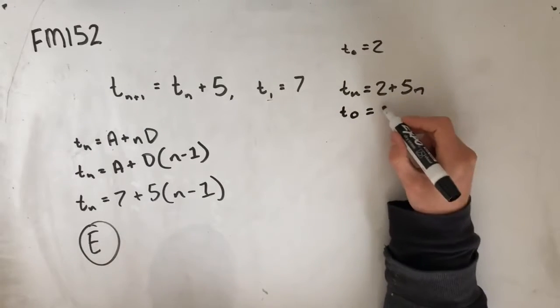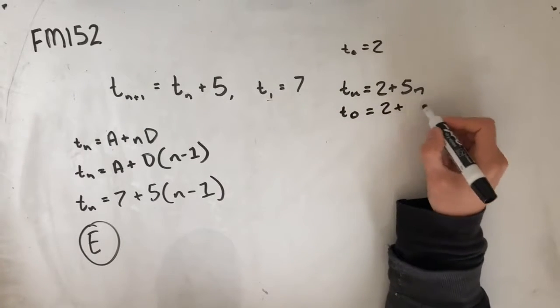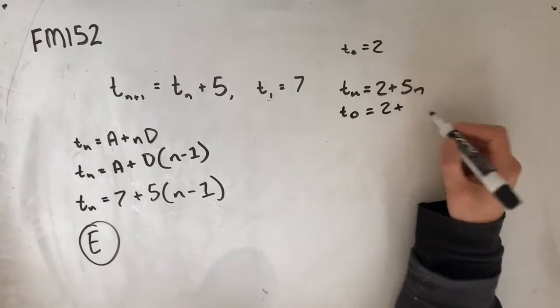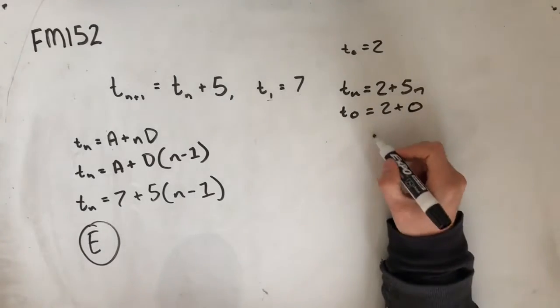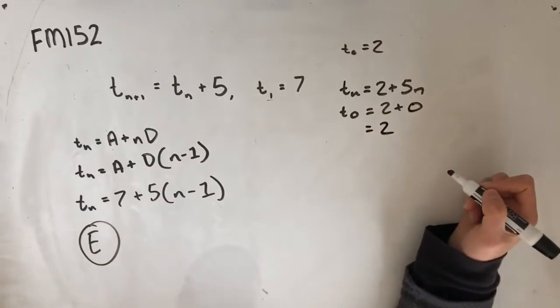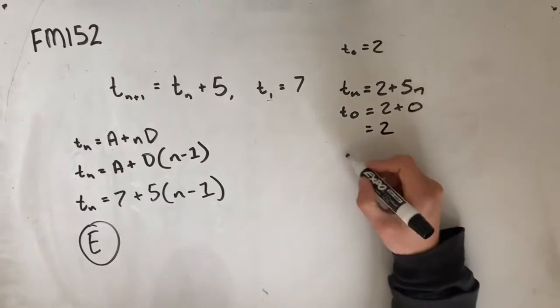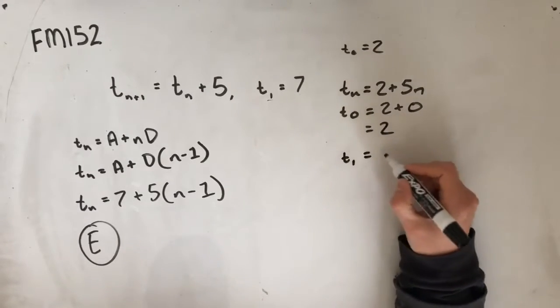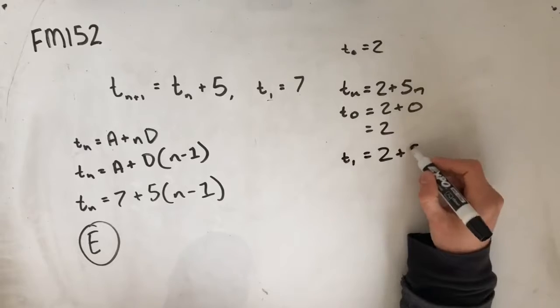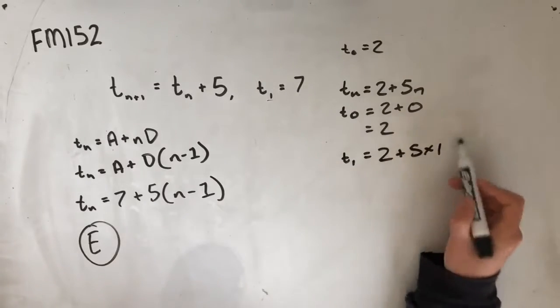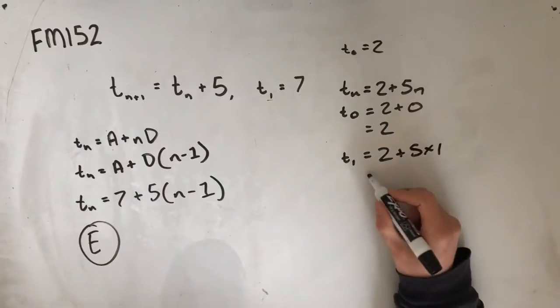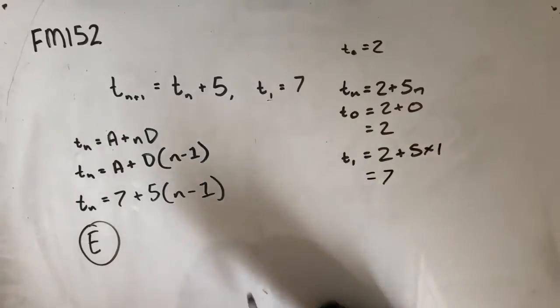This would be equal to 2 plus 5 times 0, so no differences have been applied yet. So this will end up being 2 plus 0, which gives us a value of 2, and then the next value, T1, is going to be 2 plus 5 times 1, so it's bringing in one of those differences of 5, which takes us to 7.